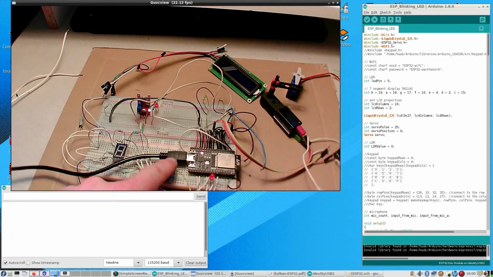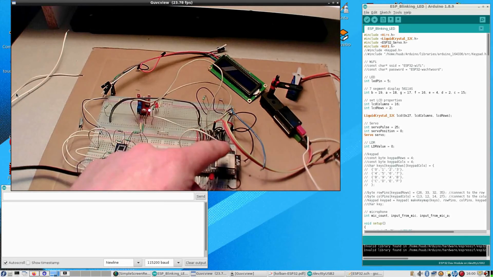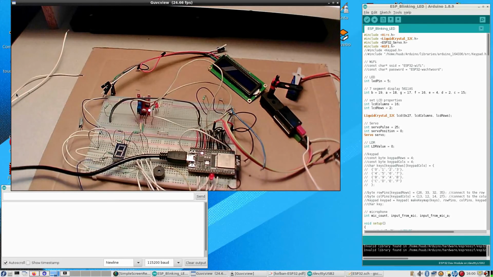That means also having a USB to UART connector. UART stands for Universal Asynchronous Receive Transmit, which has to be somewhere here. However, I don't have one yet.